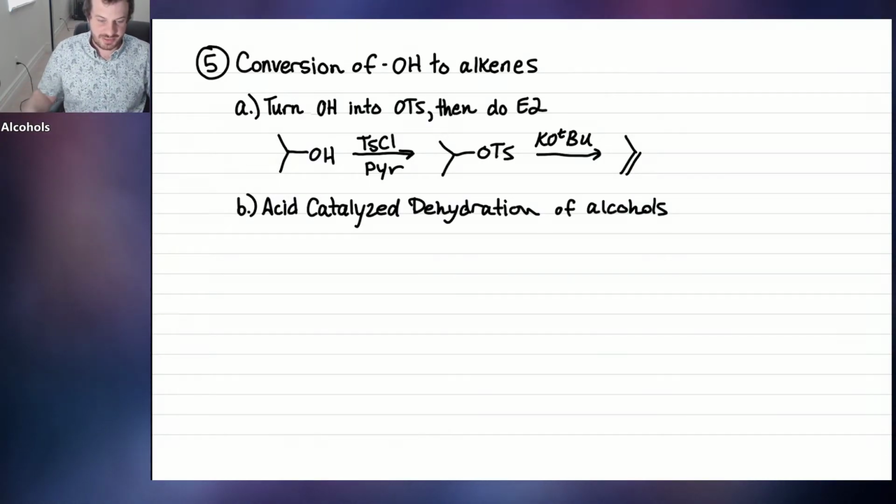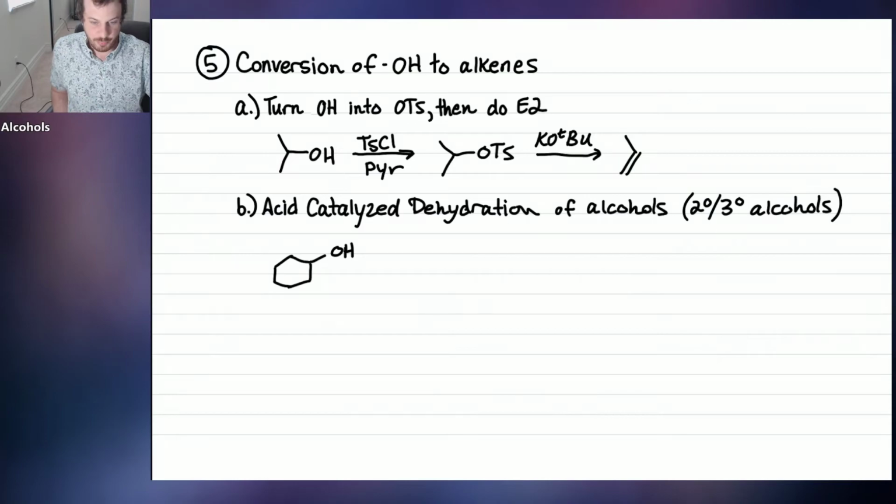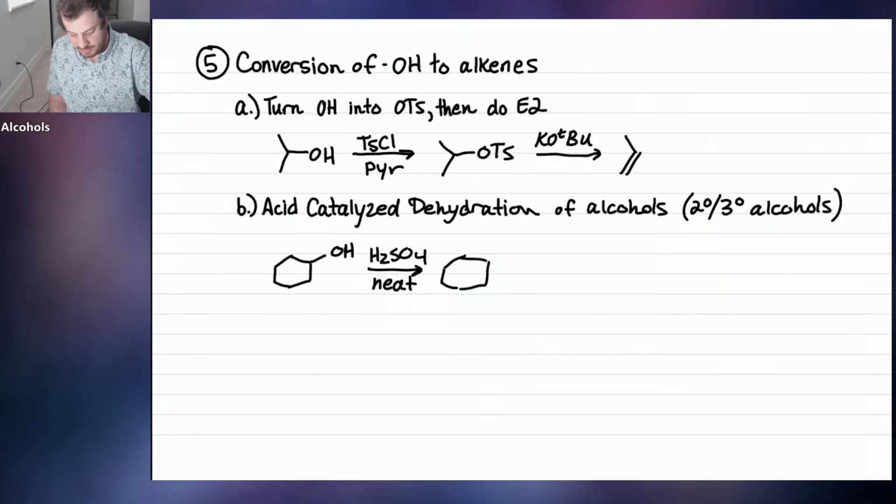In this process, we are going to take an alcohol, and by the way, this only works with secondary and tertiary alcohols. So here's a secondary alcohol, and we're going to treat it with H2SO4 and heat. These are the E1 conditions, and the product is the alkene.